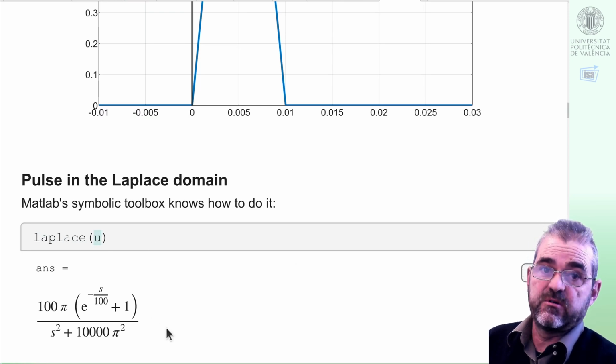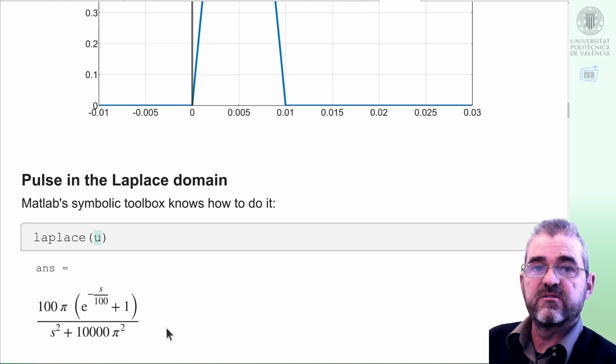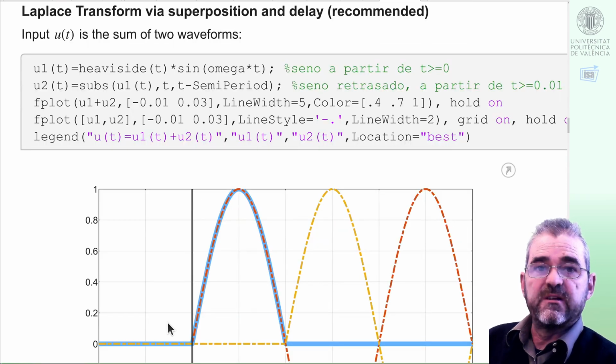Of course, our goal is understanding how this expression arises if we were asked for it in a pencil and paper examination. We will carry out the Laplace transform in two ways. So let's start with the recommended one, which is via the concept of delay and superposition and linearity of the Laplace transform.